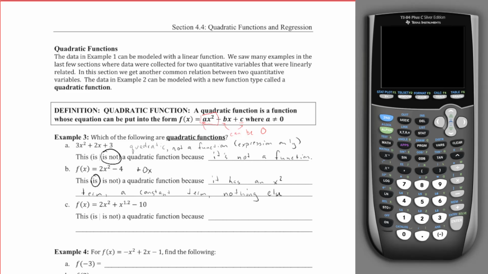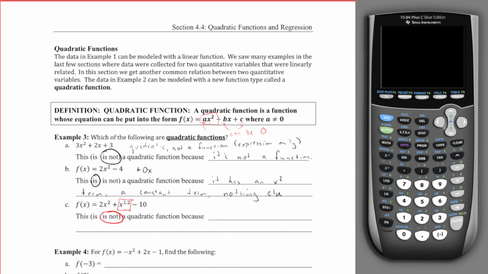On the other hand, notice this x to the power 1.2. In a quadratic function, we can have x to the second power, we can have just x, we can have constants. X to the 1.2 is not allowed.